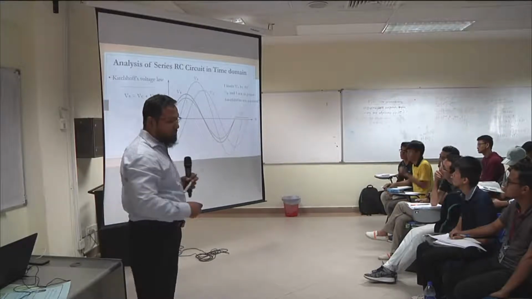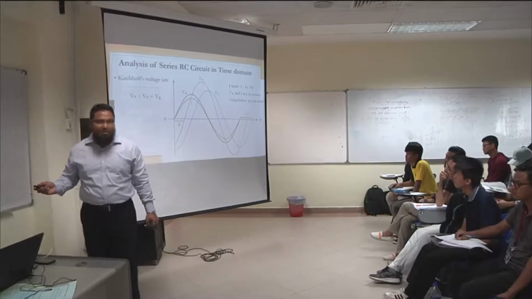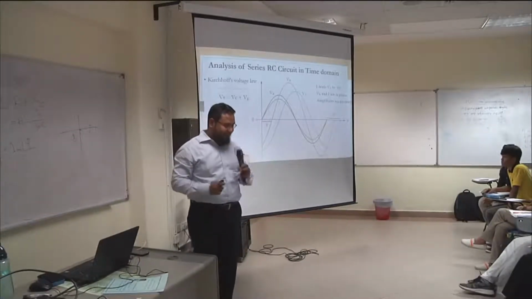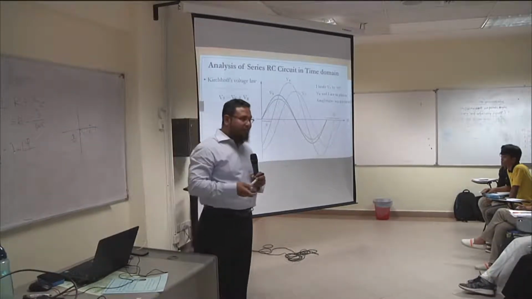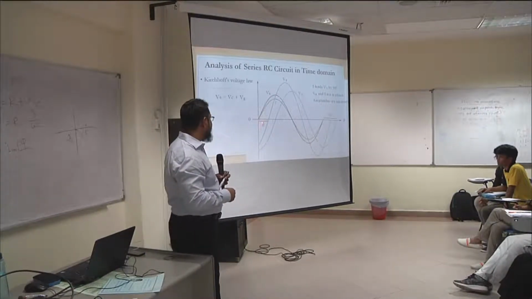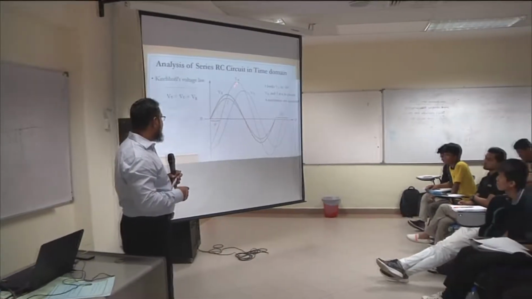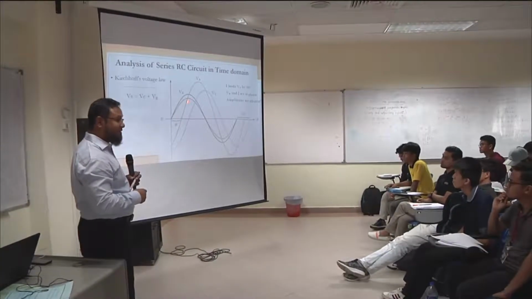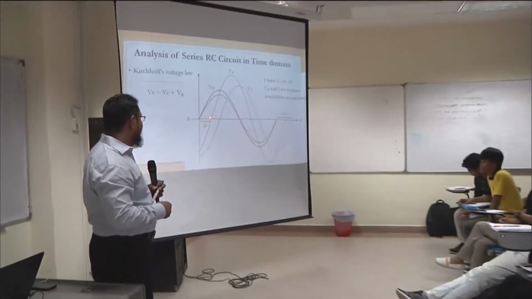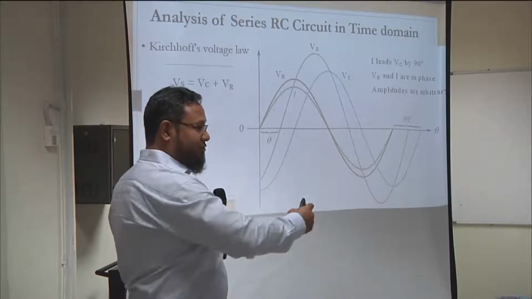We know that the current will be leading by an angle of phi. So in other words, the voltage will be lagging by an angle. In this case it's written theta, just an arbitrary angle. So the source voltage will be lagging this current by an angle of theta. So you see, whenever it's lagging, it looks like it has been shifted towards your right.